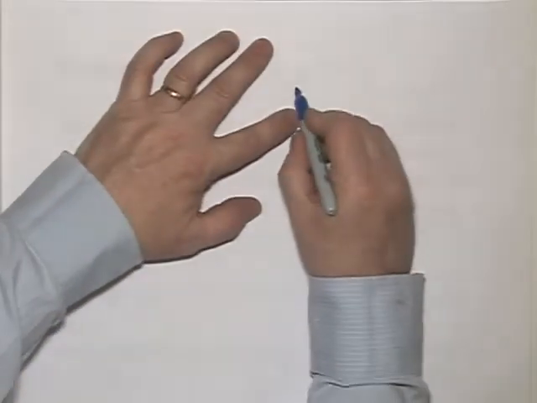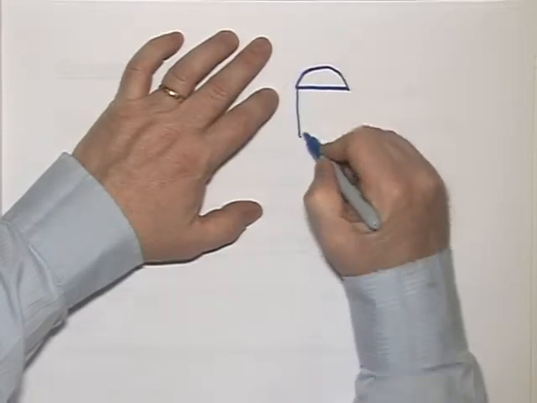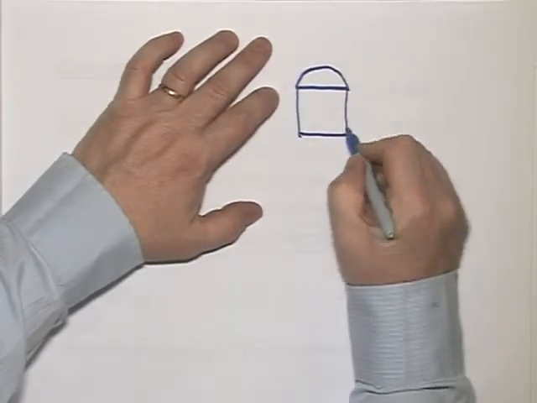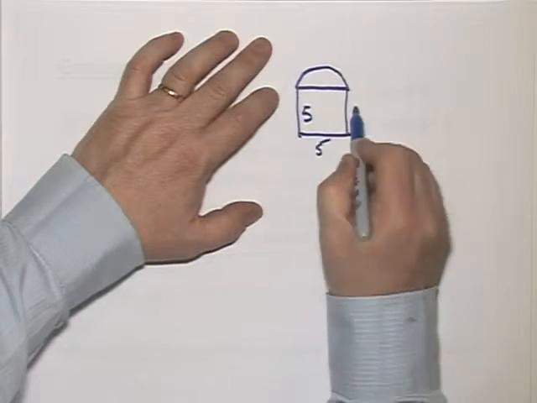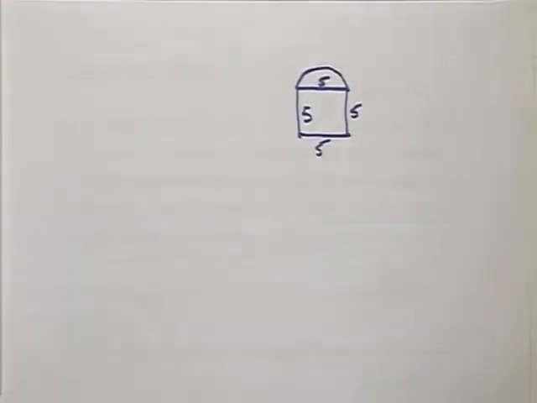Now here we have it again. We've got the semicircle on the top, and we've got the square on the bottom. 5, 5, 5, and 5, and this is 5. So give that a go, okay?